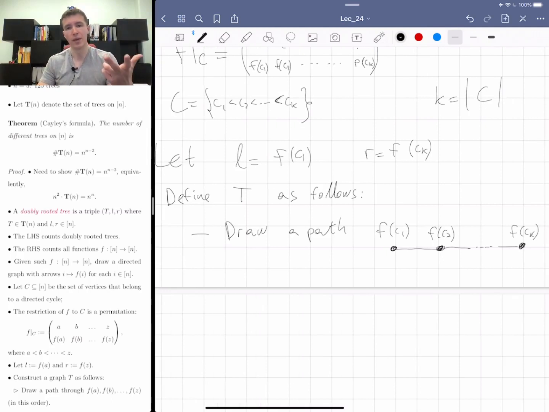And that path is going to be some part of your tree, right? But I have not used all vertices, I have only used a subset of vertices, which is C.